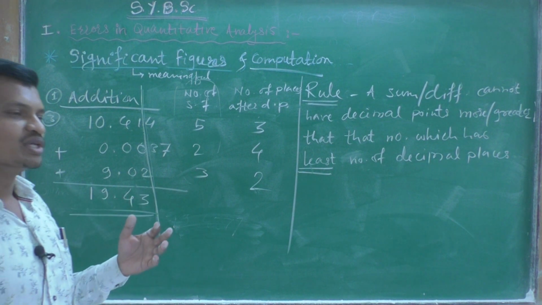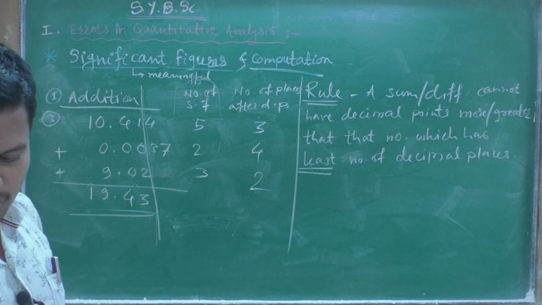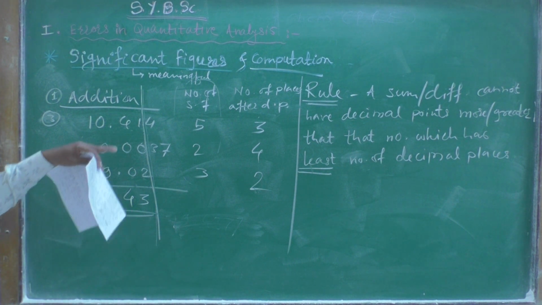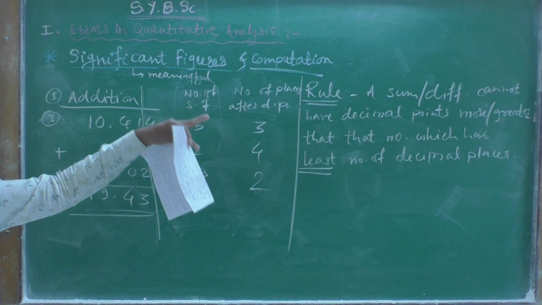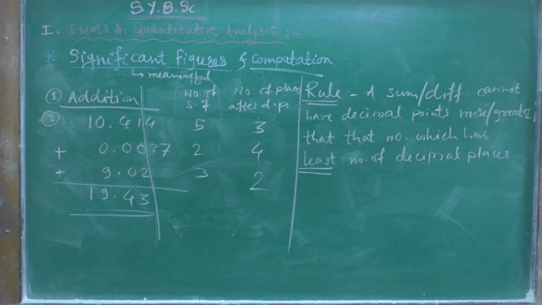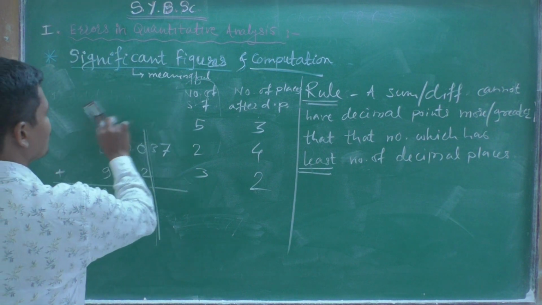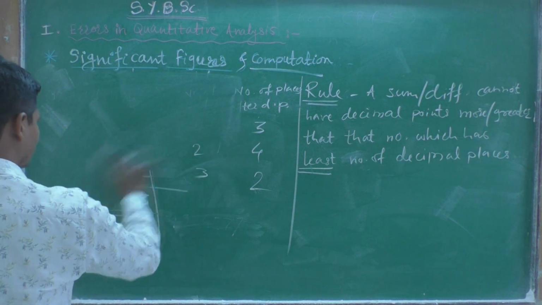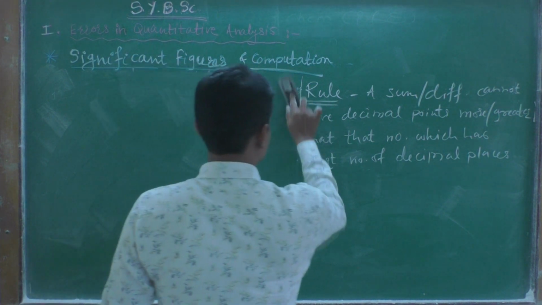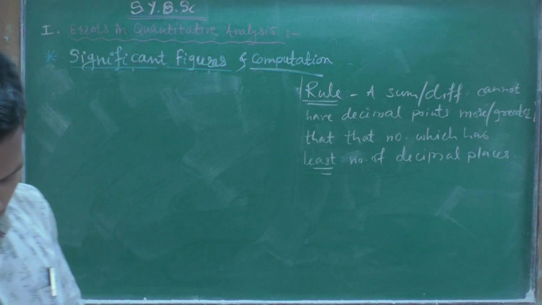In this way we can apply the concept of significant figures to addition and subtraction. So these are the examples of addition. Now let us see examples of subtraction. They are very easy again. The same rule is applicable there.